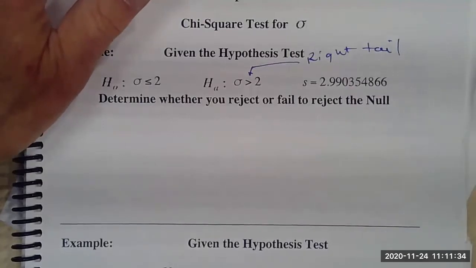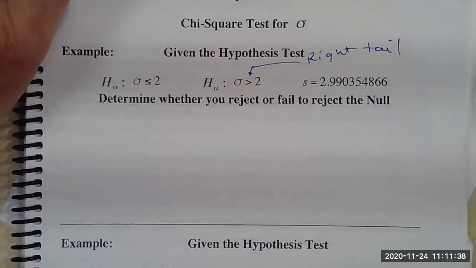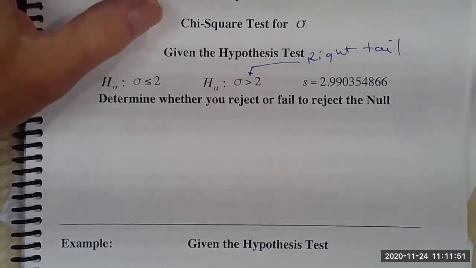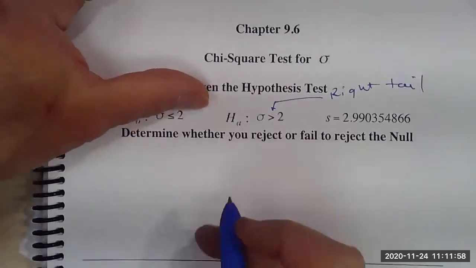If I had a p-value, then I can determine this. How do I find the p-value? I have to have a data value. Now, how to find the data value? The only way you can do it is the formula.